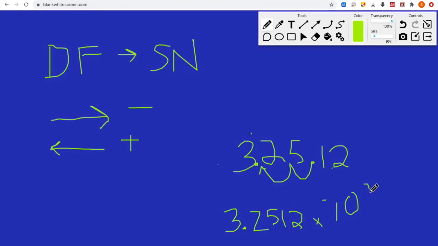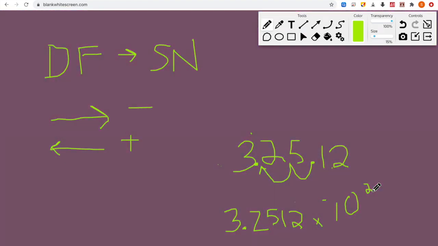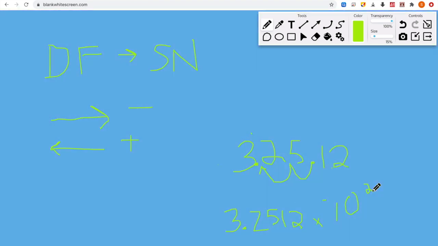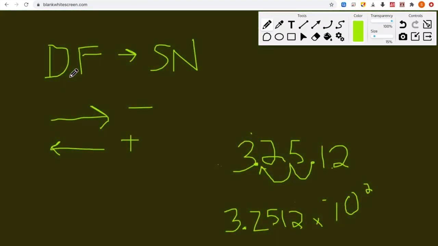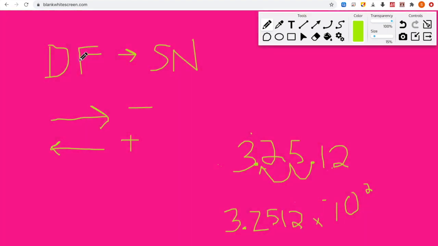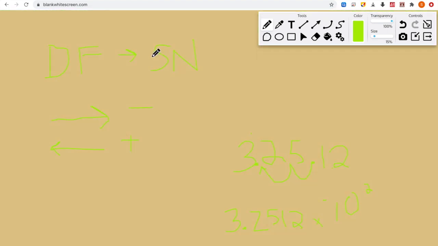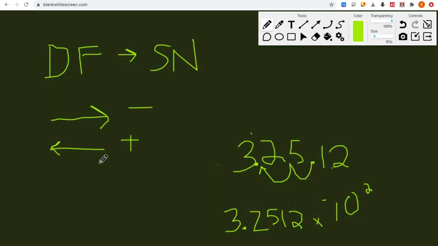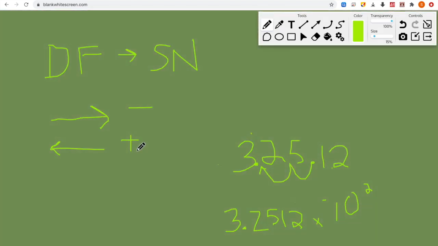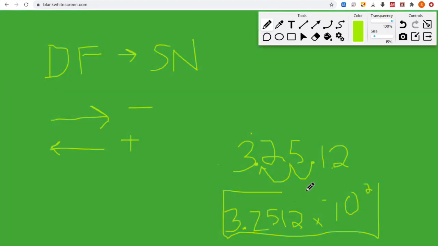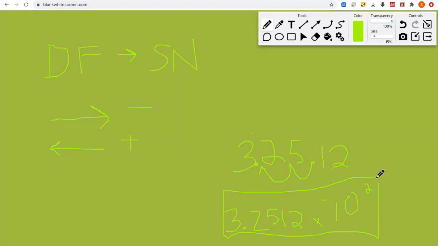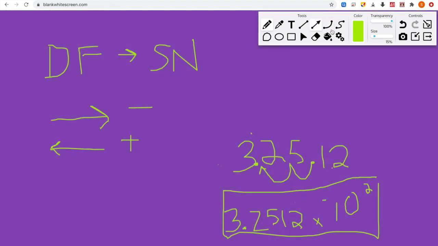So I know it's going to be a 2, but now we're going to look. Is this going to be positive or negative? So I'm looking at my rules from going from decimal form to scientific notation, and it says if I'm going to the left, my exponent's going to be positive. So I'm just going to leave that as a positive 2. And that would be my answer.